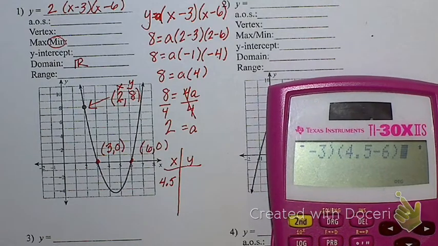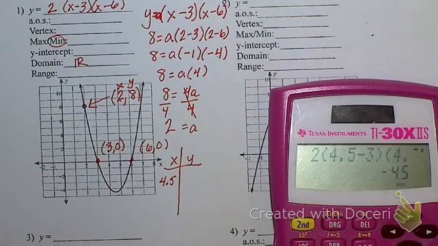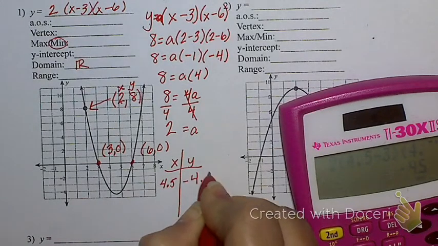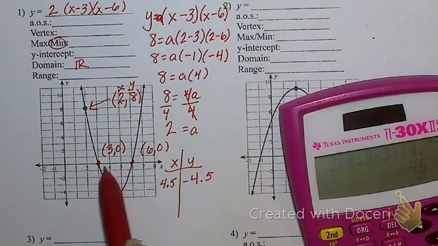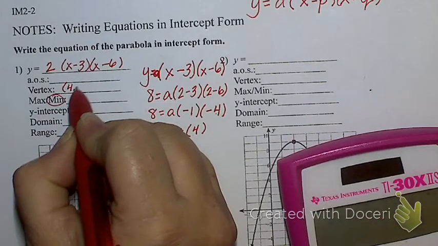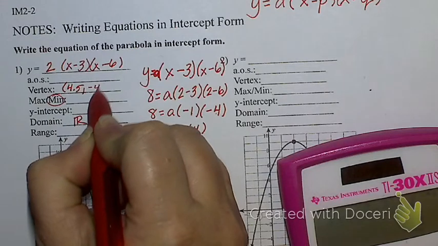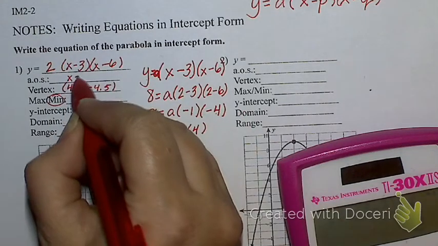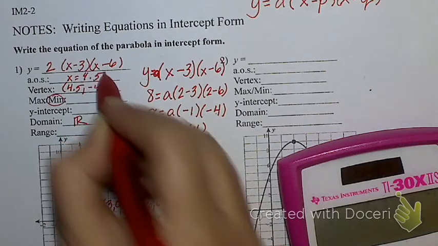You follow? Yes. And I get negative 4.5. Does that seem reasonable according to where it is? Does this look like it could be negative 4.5? Yes. Sure does. So, my vertex is (4.5, negative 4.5). What's my axis of symmetry? x equals 4.5. What is my minimum value?